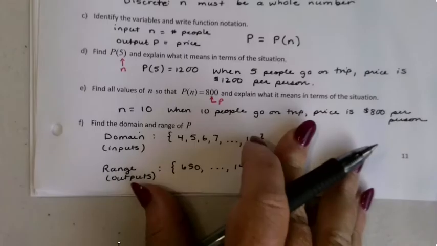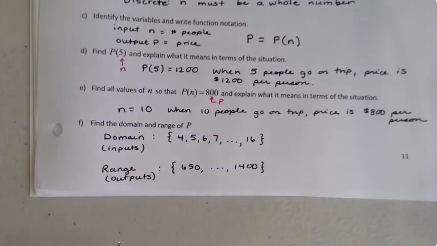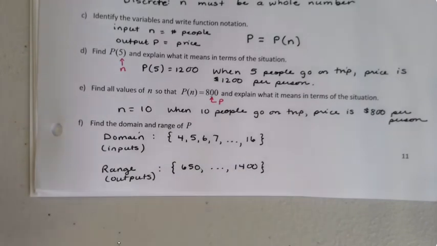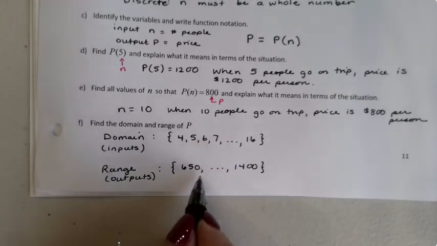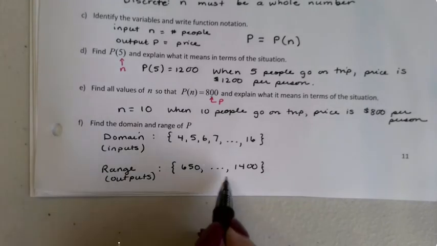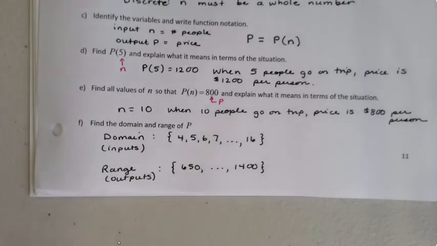I didn't list them continuously. I didn't do the inequality notation because it isn't possible for the range to hit every single value between 650 and 1400, but some specific values between there are certainly allowable. And again, if you wanted to take the time, you could actually read all those specific values off the graph and list them. I'm choosing not to do that because it's a little boring to watch.